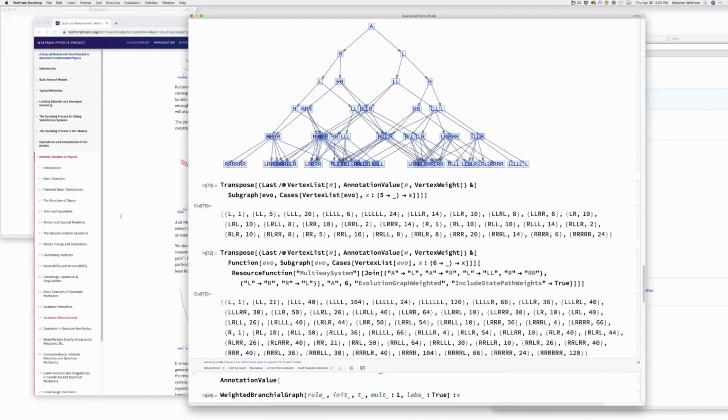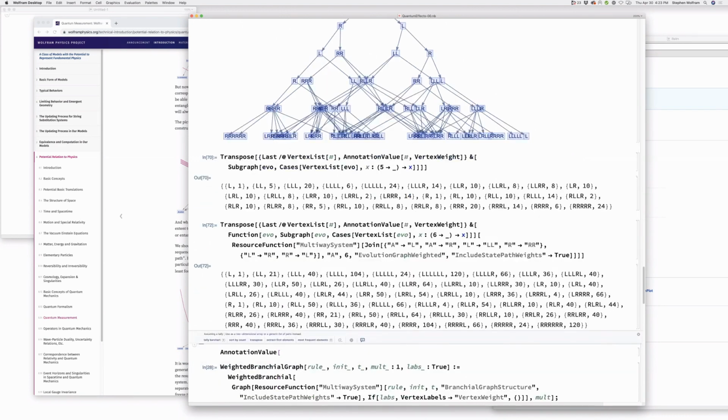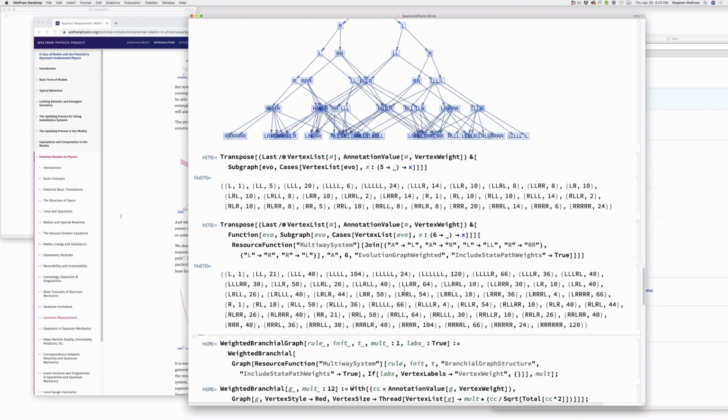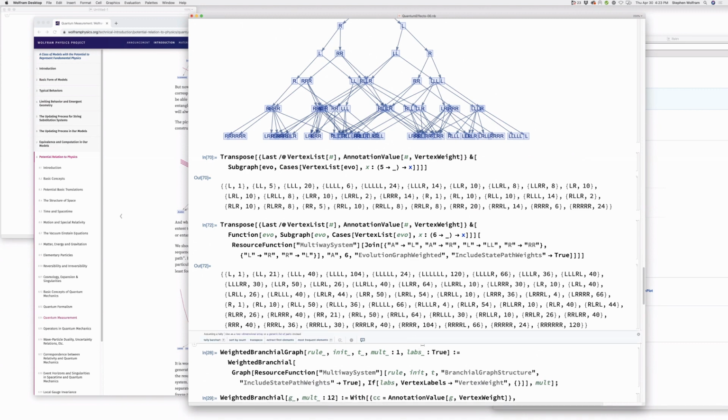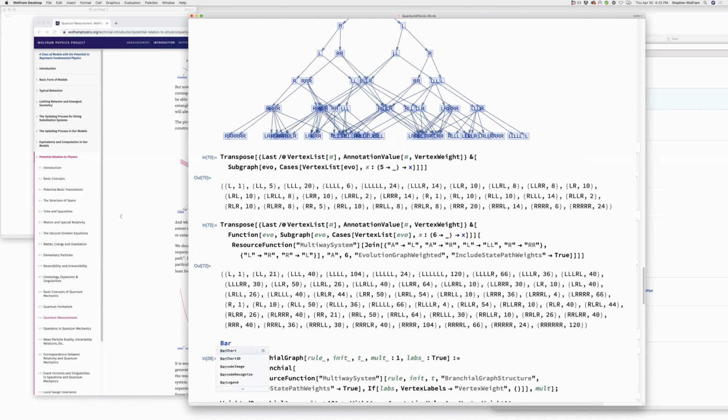All right, so now the question is, what is the ordering of the L's and R's? And so the naive thing we could do here, which I don't believe in at all, is to just say, I think we're going to get something from the entanglement map, so to speak, of the L's and R's. Right. So we just say bar chart of last slash at this.